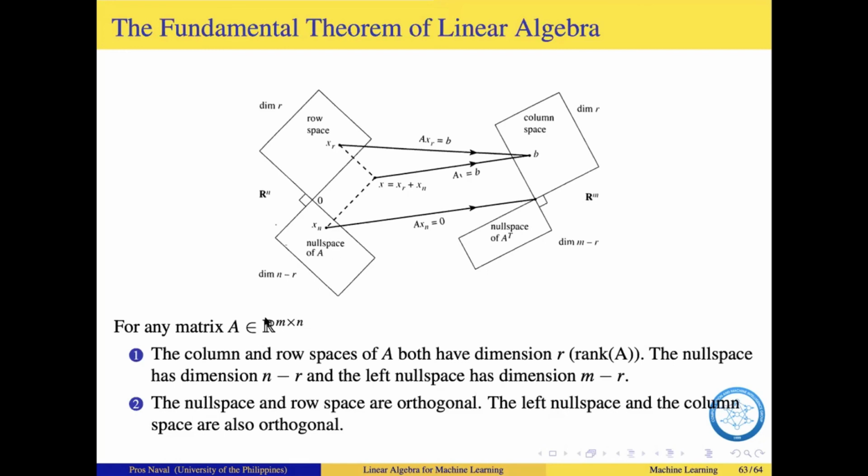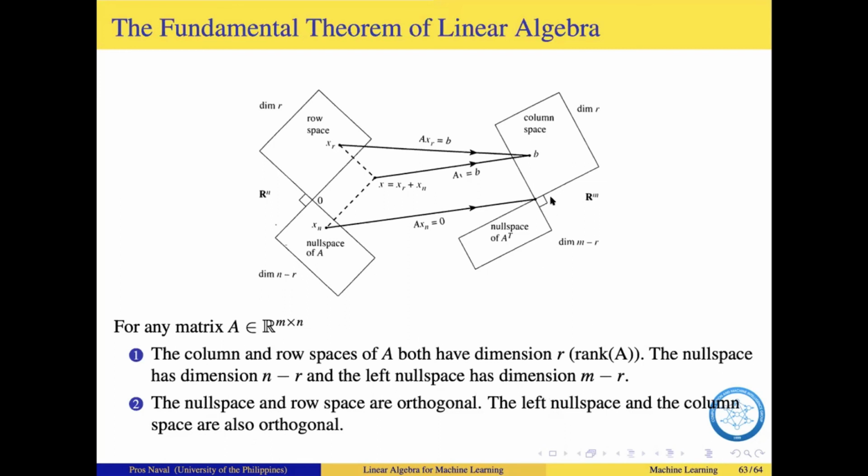So here's your column space, dimension R. The null space has dimension n minus R here. The null space and the row space are orthogonal, and the left null space and the column space are also orthogonal.